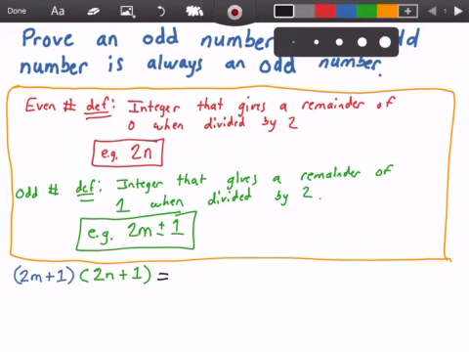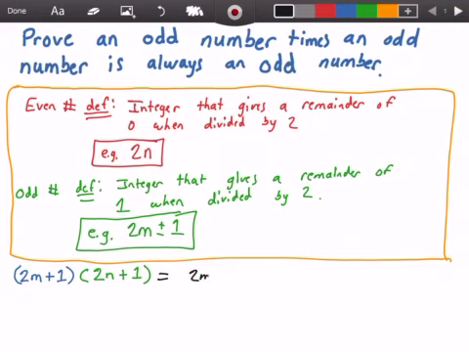Okay. So we get 2m times 2n, plus 2m times 1, so that's just 2m, plus 1 times 2n, so we just get 2 times n there, plus 1 times 1. All right.